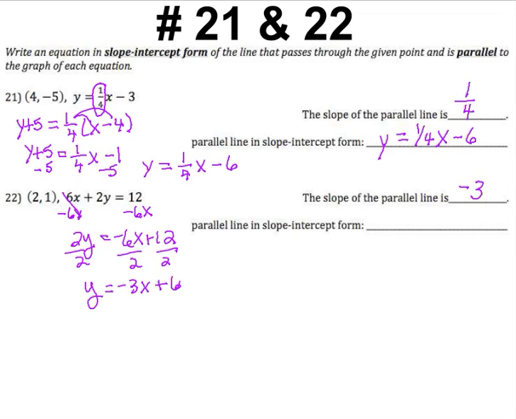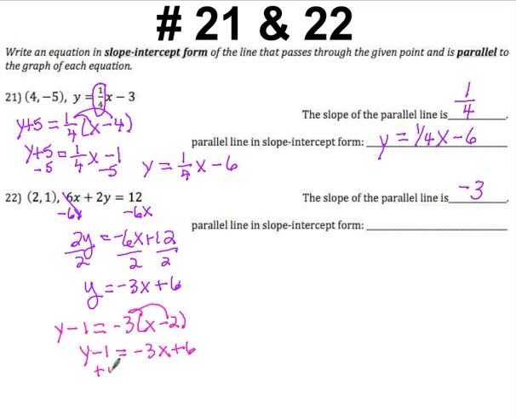It's the same here. So now I'm going to go ahead and plug that in using the new point and that same slope. So I get y minus 1 equals negative 3 times the quantity x minus 2. We multiply through here, so I get y minus 1 equals negative 3x plus 6.